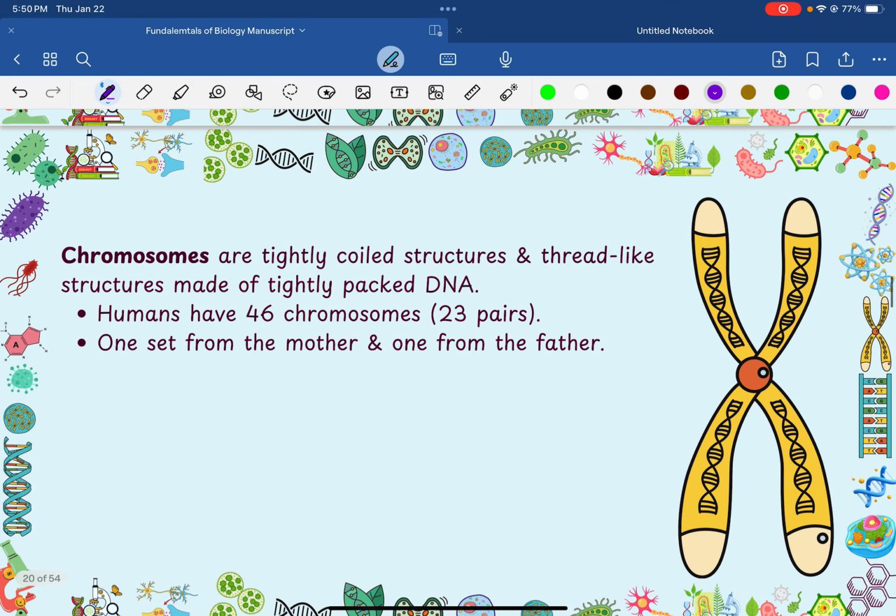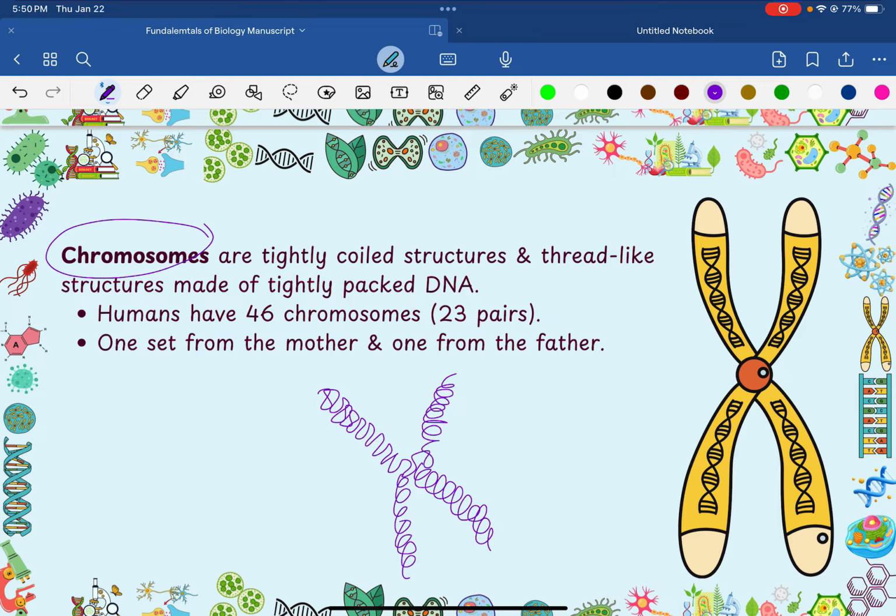So what is a chromosome? Chromosomes are tightly coiled, thread-like structures made of tightly packed DNA. Here you can see that the DNA is tightly packed in the form of a thread-like structure, and it gives an X or Y-shaped appearance.